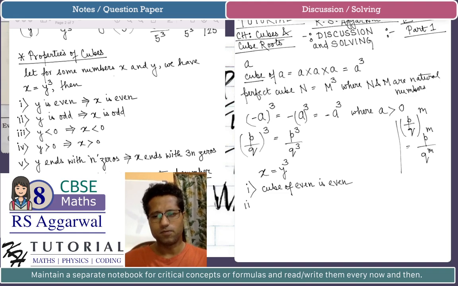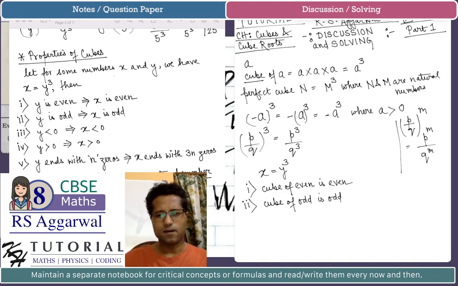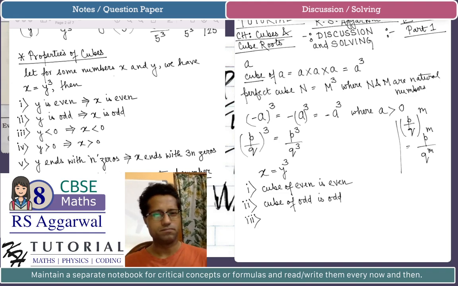And property number 2 is saying cube of odd is odd. Now I am not giving any examples, it will be very obvious.